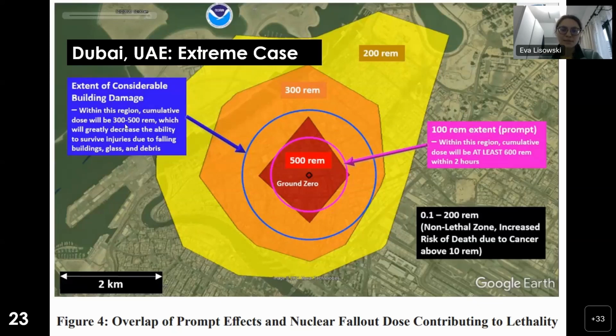But due to the fallout, which will be occurring over the next 4 hours and longer, they will acquire a dose of 300 to 500 rem. This will greatly decrease their ability to survive injuries, burn injuries, and physical injuries, due to terribly harmful effects on their immune system.